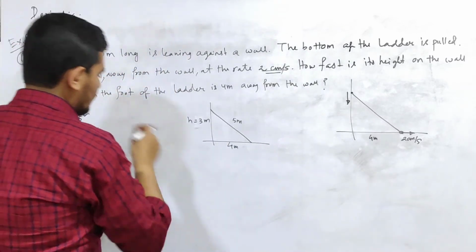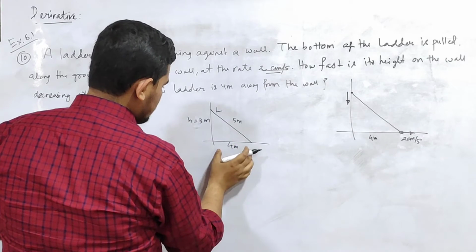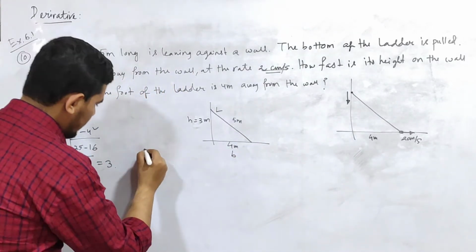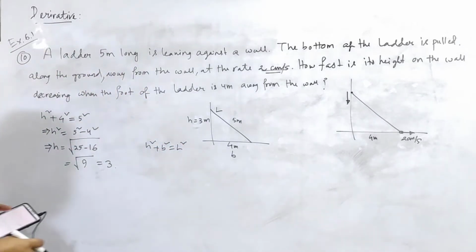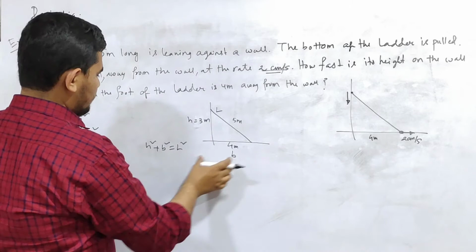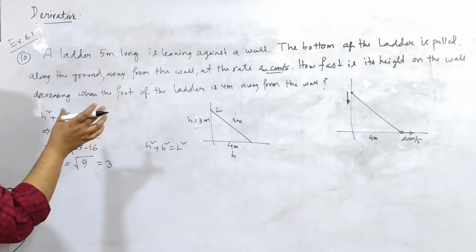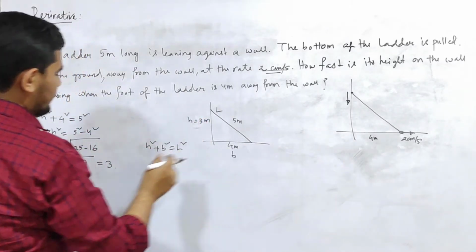So to find out the relation between the falling of this ladder and the moving of this point, we can always write, let's suppose this is L, this is H, and this is B. So from Pythagoras theorem, I can write H square plus B square equal to L square. Here we know all these values, but first of all we need to have a functional relationship so that we can determine the rate of change of these parameters.